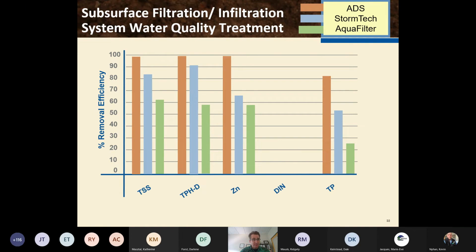The performance capabilities of these types of filters are good. So we know that manufactured treatment systems can do well. The limit here is probably nitrogen.